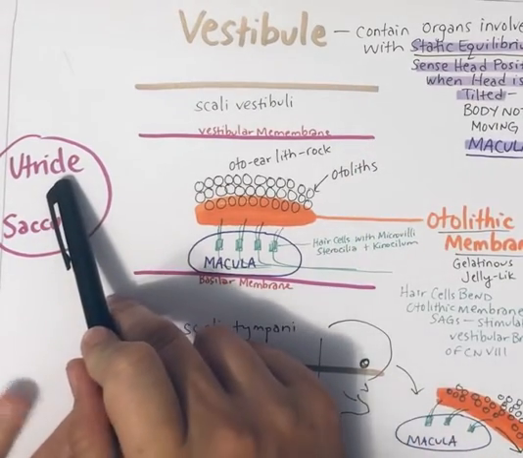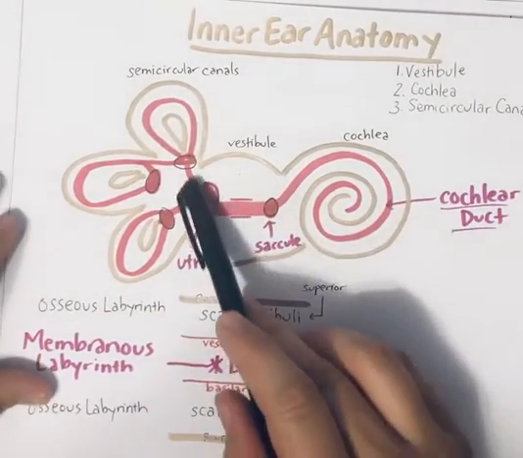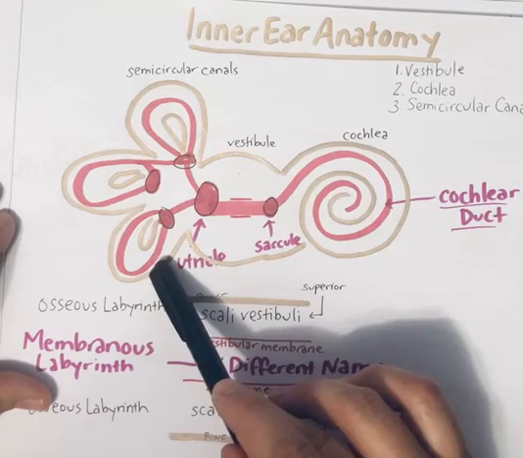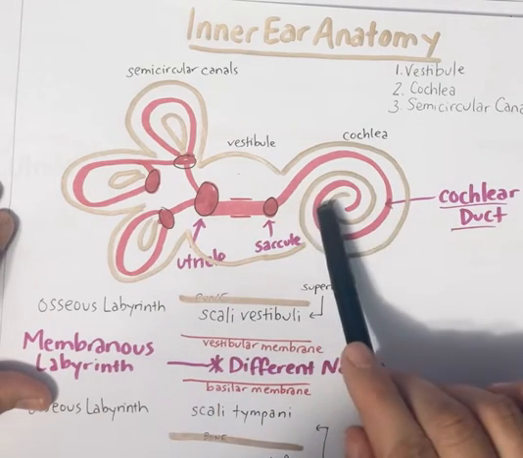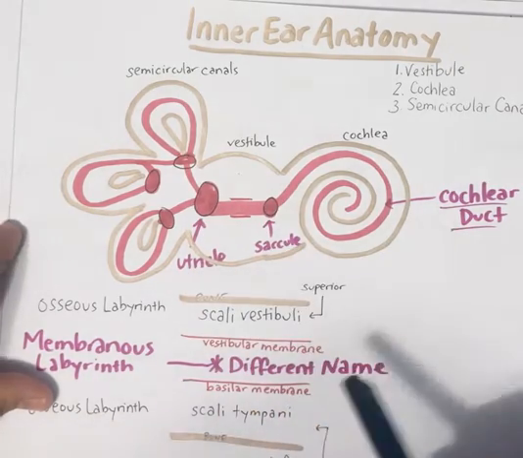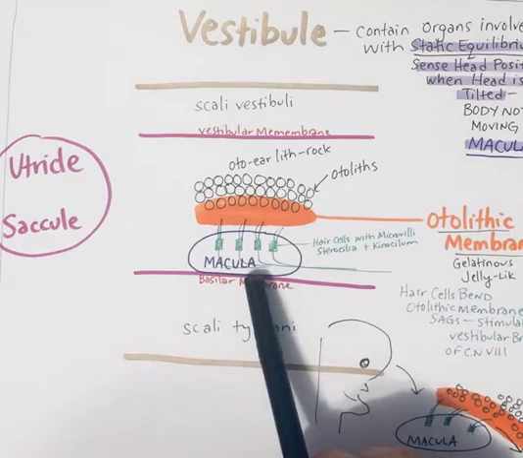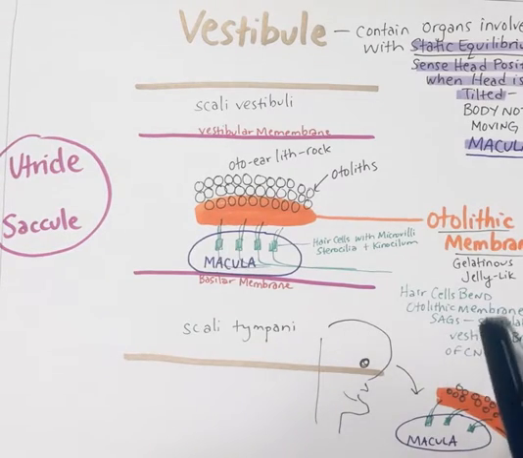This is the larger one that communicates with the semicircular canals, and the saccule, which is going to communicate with the cochlear duct. But inside of your utricle and your saccule, you have the macula, which has hair cells that are going to bend, which are going to stimulate cranial nerve 8.